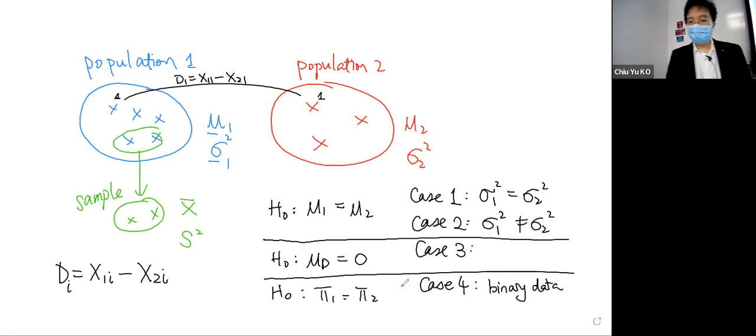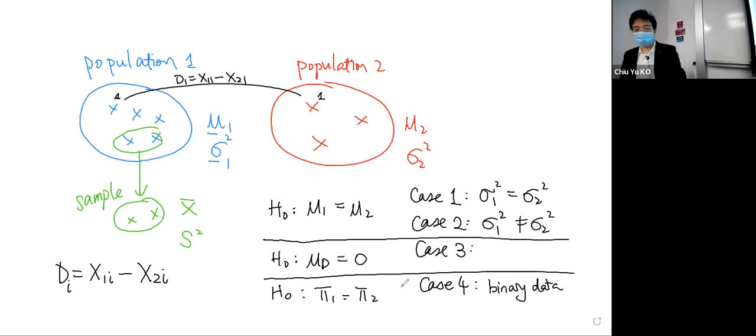Case 4, as you might recall, has some flavor of case 1 and case 2, because when the mean is the same, it does imply the variance is the same. So it's somewhat like case 1. That is something we'll talk about.